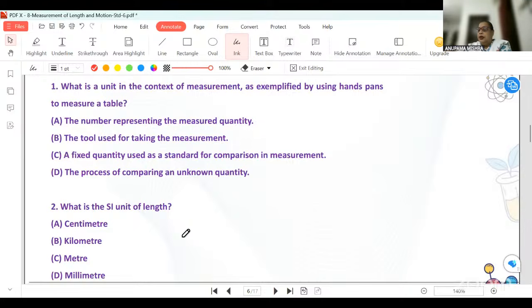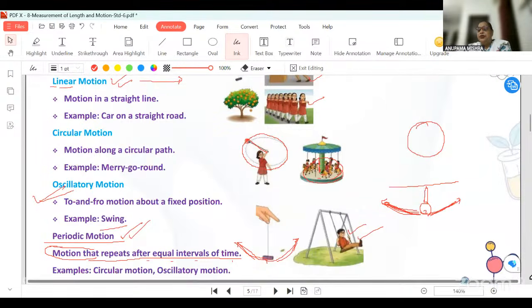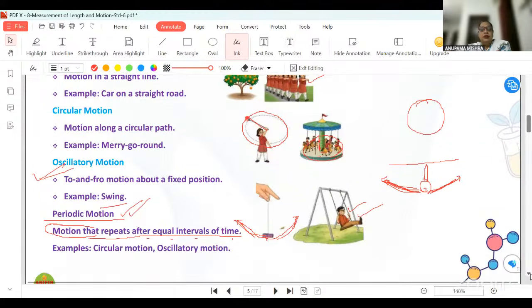Okay. Now let us see. Acha, you didn't understand periodic motion. Periodic motion means when the motion repeats after equal intervals of time, we say that it is a periodic motion. Examples are circular motion and oscillatory motion. See, this is oscillatory motion. It goes from here, comes to the mean position, then it goes like this and comes back.